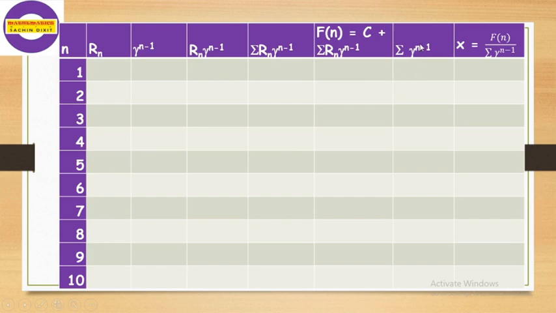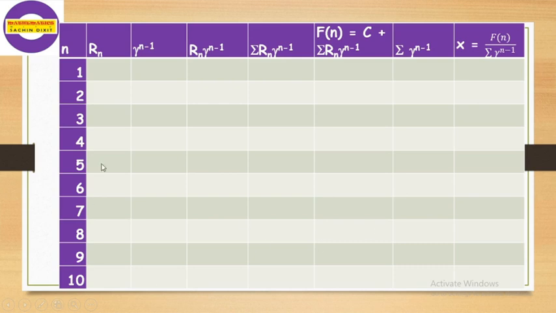The seventh column is the cumulative sum of gamma raised to n minus 1. And last we count the weighted average cost, which is given by Fn divided by the summation of gamma raised to n minus 1. And we have to find all these values.